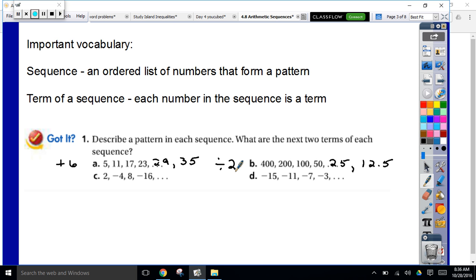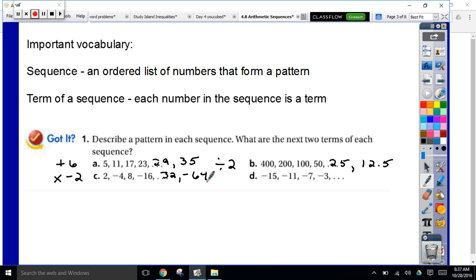I would say times -2. Good. Times -2. And then what would my next 2 terms be? Go ahead, Emma. 32 and negative 64. Good.